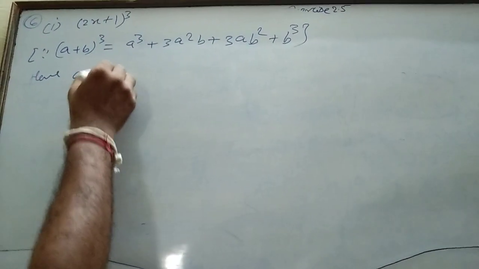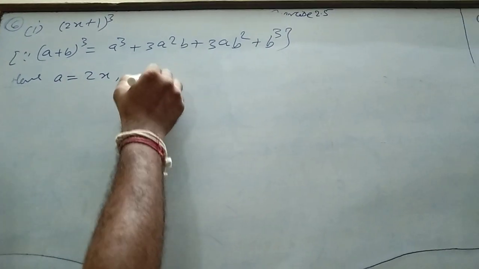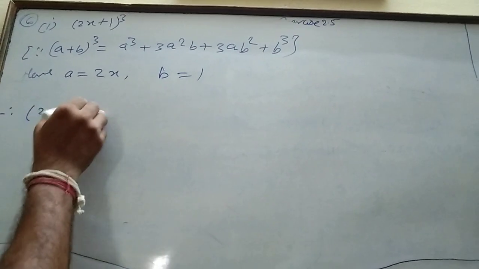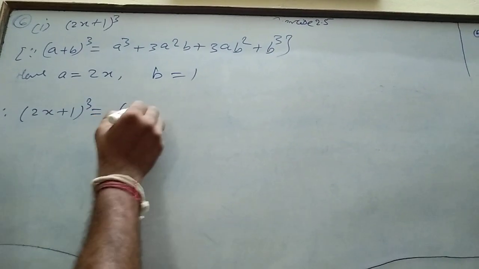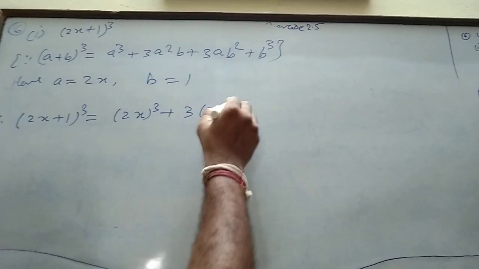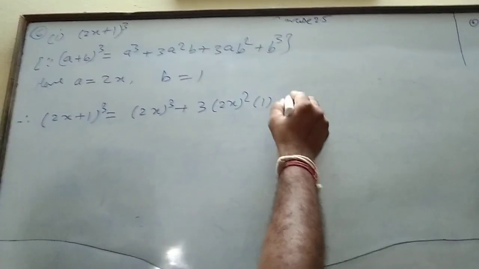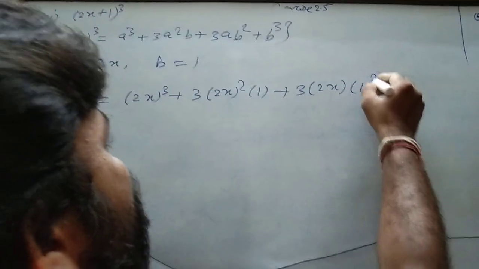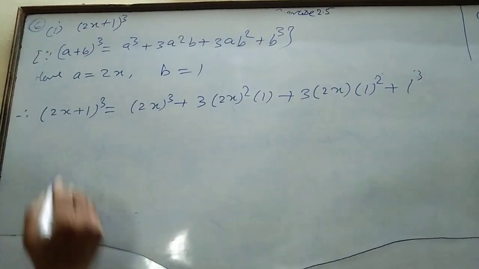Here a is equal to 2x and b is equal to 1. Therefore (2x plus 1) power 3 is equal to (2x) power 3 plus 3 (2x) whole square into 1 plus 3 (2x) into 1 square plus 1 power 3.